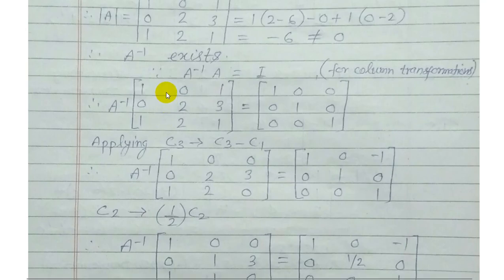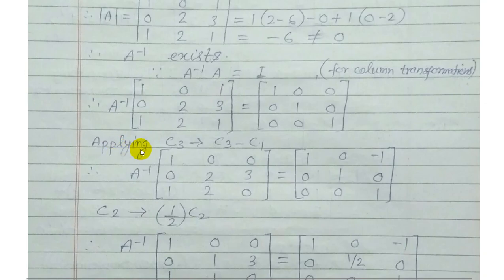Now how will you convert it as 1 0 0? We see that the second element is already 0, so no need to convert it. But the third element, this one is 1, which we have to convert as 0. So how will you convert it as 0? If we apply C3 minus C1, this will be 0, right?